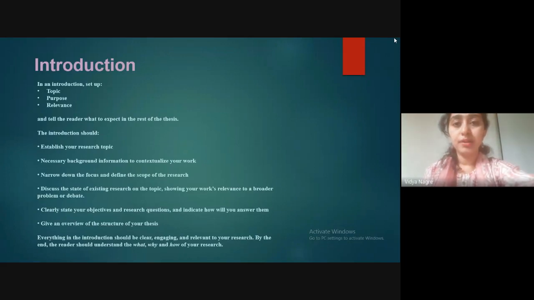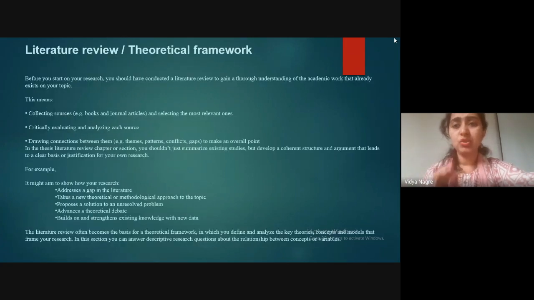Now, introduction should establish your research topic and give necessary background information to contextualize your work. It should have a focus on your definite scope for the research, further research, and so on. Next slide, please. So under introduction, we basically give an overview of the things which we are going to discuss in the further few pages.